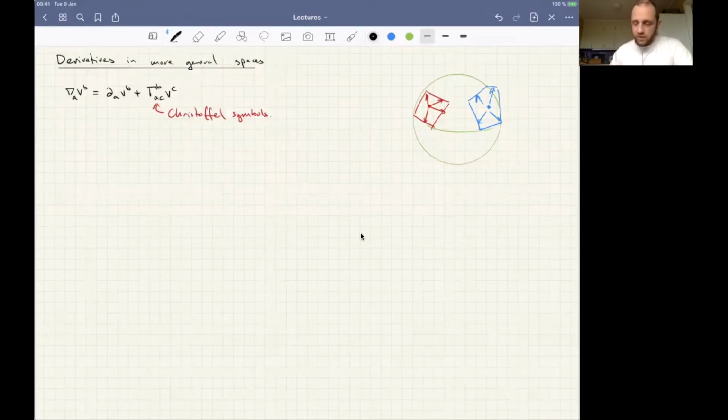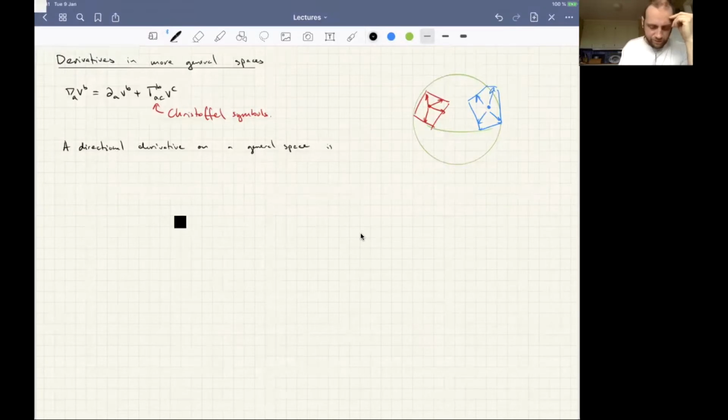So the question is how we're going to define derivatives. And the answer to that is that there is some freedom in how we define those derivatives. And that freedom is exactly what appears in these gammas here. So in general, a directional derivative on a general space is defined through this relation up here, exactly what I wrote.